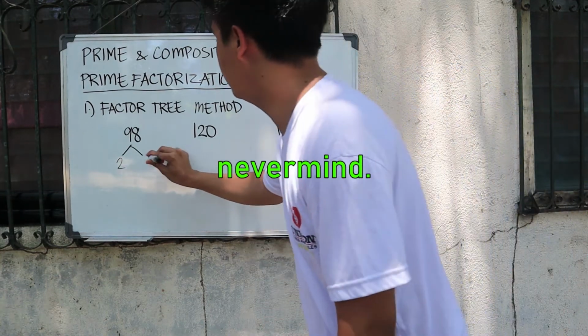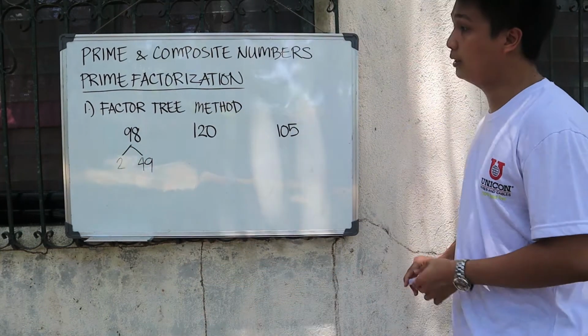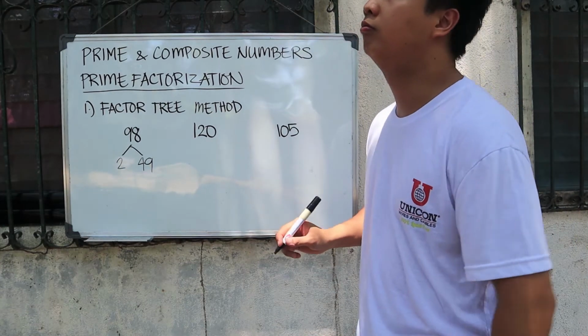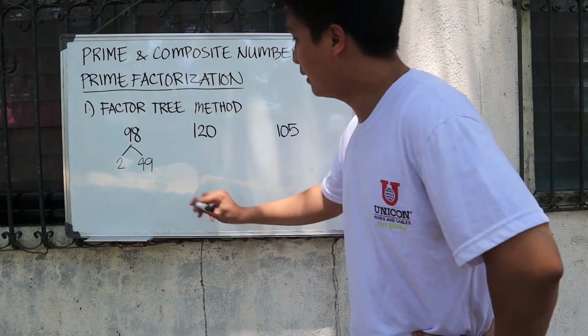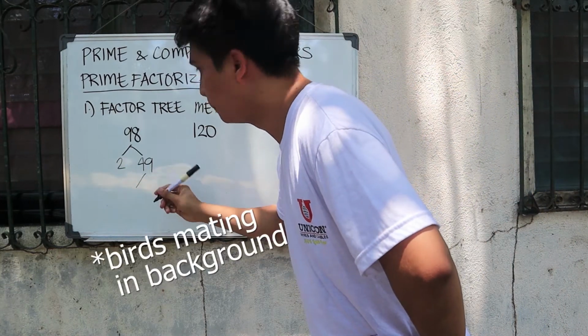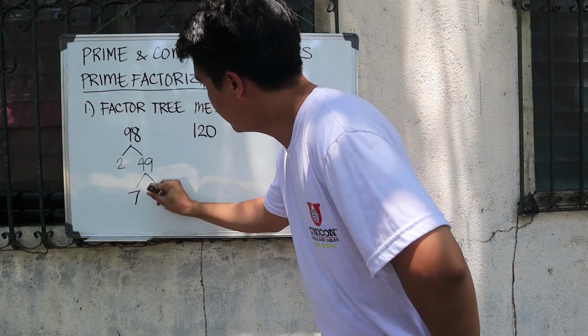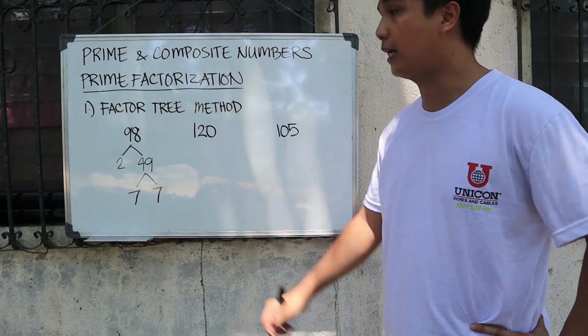So that is 49. Okay, so 49 times 2 will give us 98. Ang 49 naman niya, 49 is 7 times 7. 7 times 7. And this is the factor tree for 98.